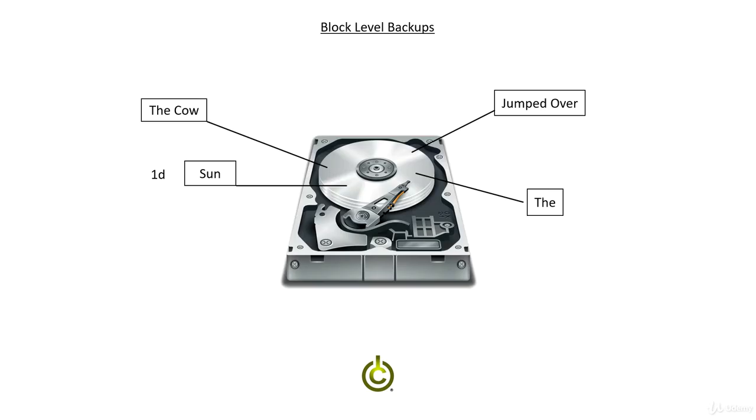Now also, when we talk about the files distributed on your system and the blocks they contain, once your hard drive has these different files blocked off, they can be randomly dispersed throughout your hard drive. They don't necessarily get stored in order. So you see how you have the cow and son on the left and jump over and the on the right.